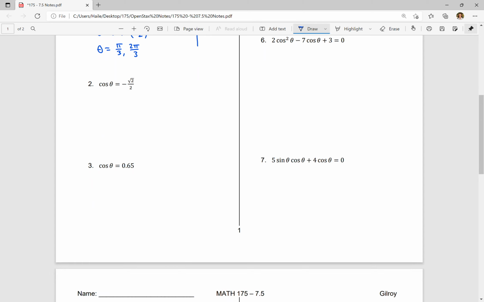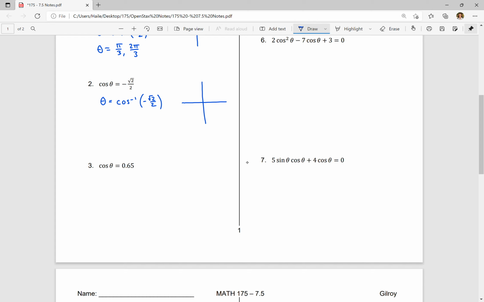Our next example, we have cosine of theta is equal to negative root 2 over 2. So same idea, we're first going to get theta by itself. So we're going to have theta is equal to cosine inverse of negative root 2 over 2. So now let's think about where on the unit circle we have a cosine of negative root 2 over 2.